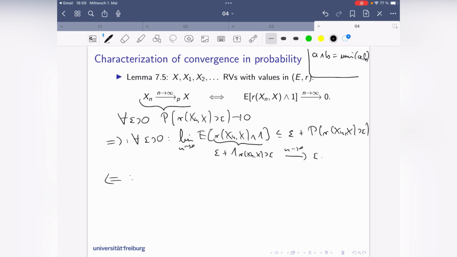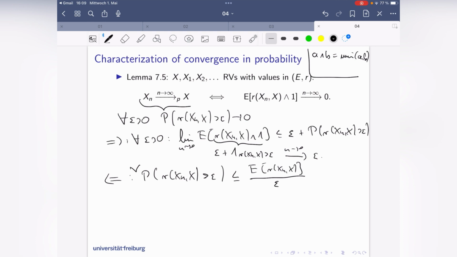that's also not too hard. That's just the Chebyshev inequality. The probability that d(Xn, X) is bigger than epsilon is smaller or equal than the expectation of d(Xn, X) divided by epsilon.